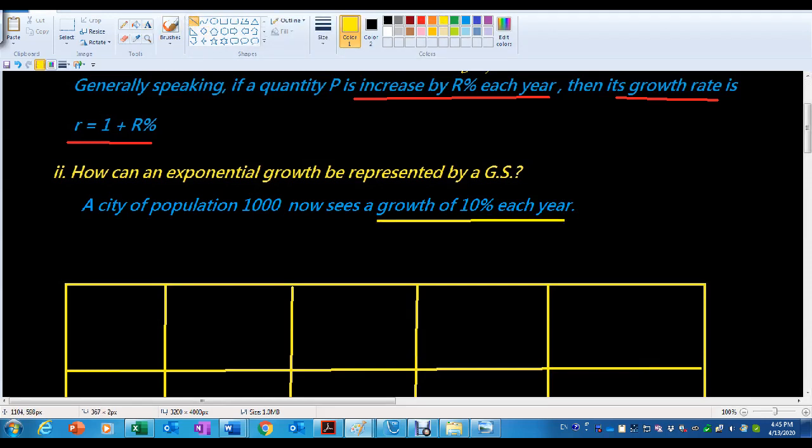That's an exponential growth because it's a growth of 10% each year. Again, that 10% is the growth percentage. And the population 1,000 here is what we call the initial quantity, the initial amount.